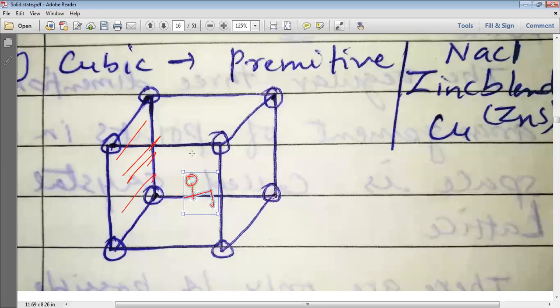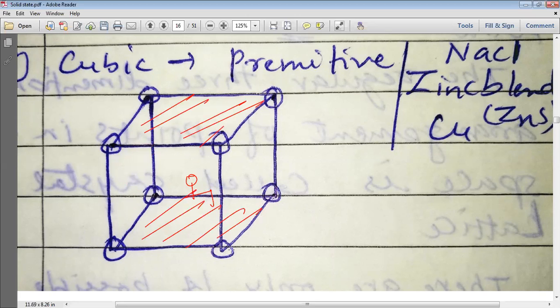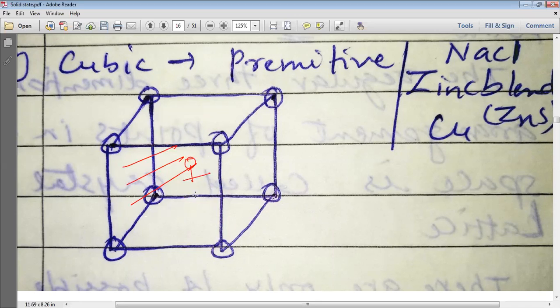On your head there is one face, and at your bottom or at your feet there is one face. So these are the 4 faces. On your front there is one face, and at your back there is one face. So this is how in a unit cell you can have 6 faces.